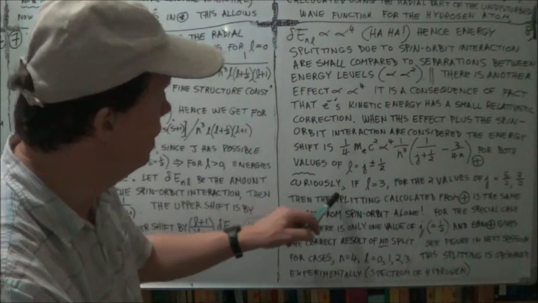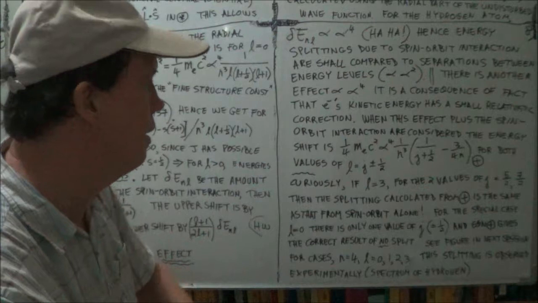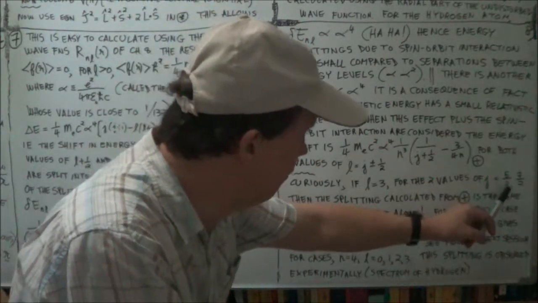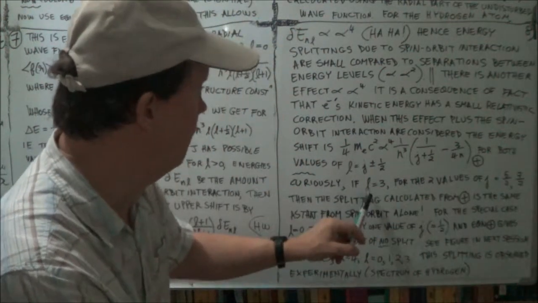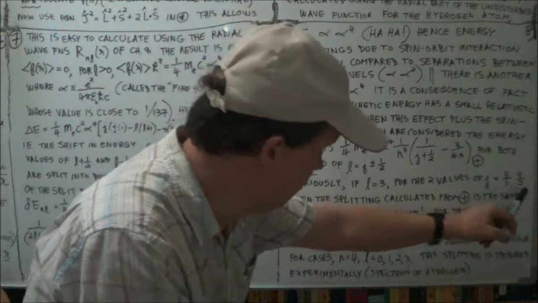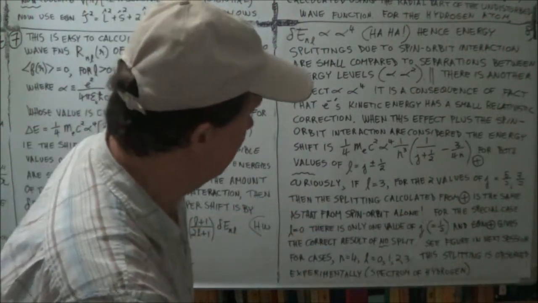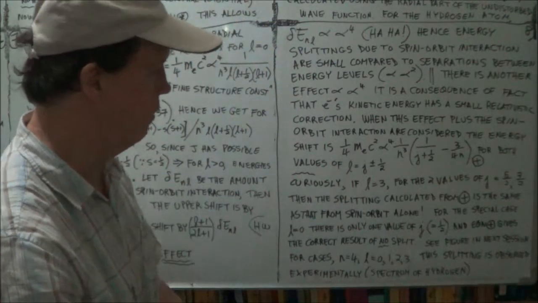Now, curiously, for when L is 3, and for two values of J, 5 over 2 and 7 over 2. Now we can figure that out immediately. If L is 3, that's one of the discrete quantized values of the angular momentum.